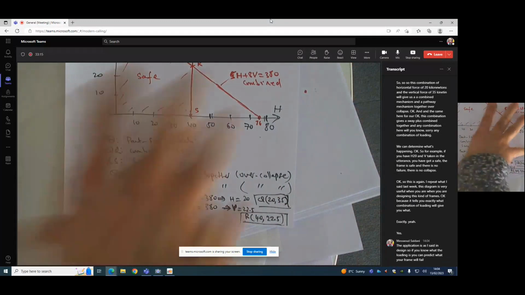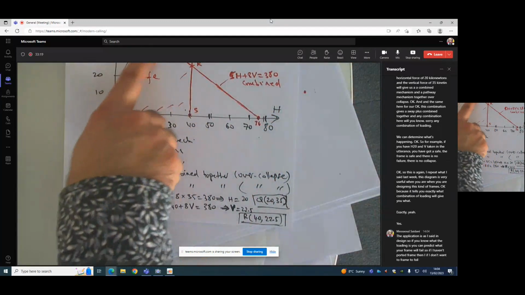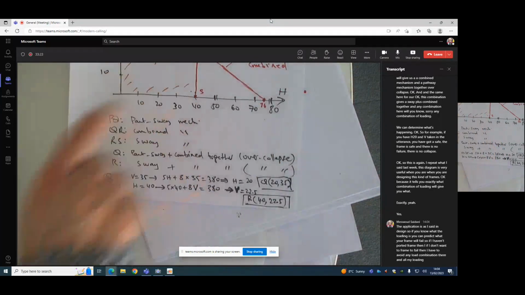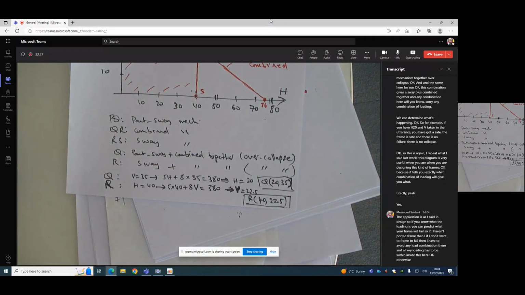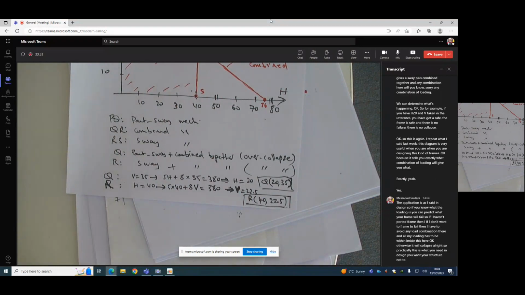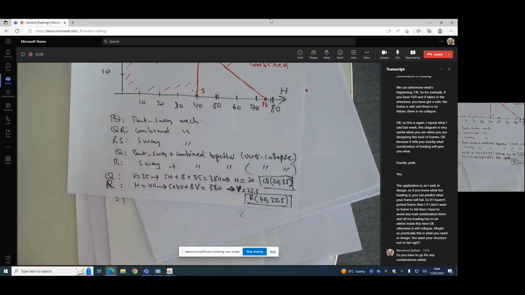So if I have a portal frame and I don't want it to fail, then I have to avoid any load combinations outside, and all my loading has to be inside this area. Otherwise, it will collapse. All right? So practically, in design, you want your structure not to fail. So you have to go for any combinations within this area.